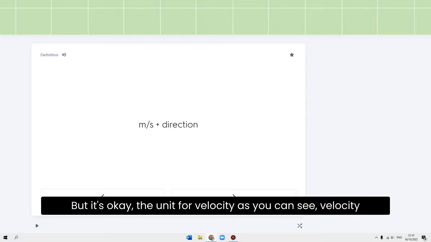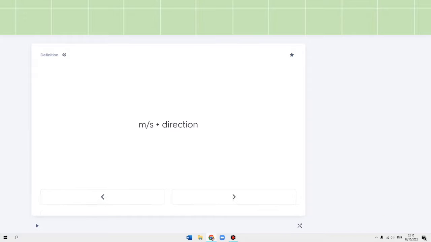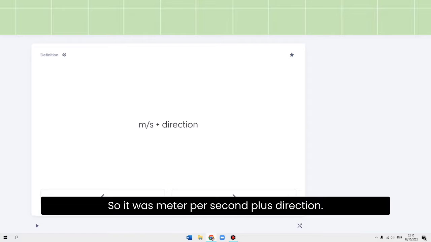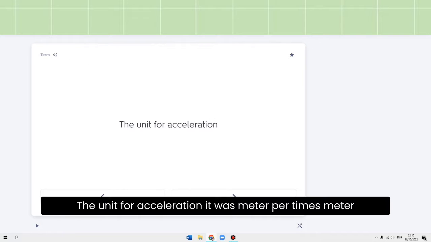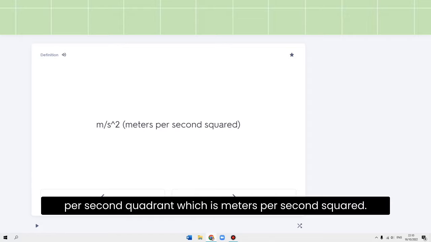The unit for velocity: velocity is a vector, which means it has a direction, so it is meters per second plus direction. The unit for acceleration is meters per second per second, which is meters per second squared.